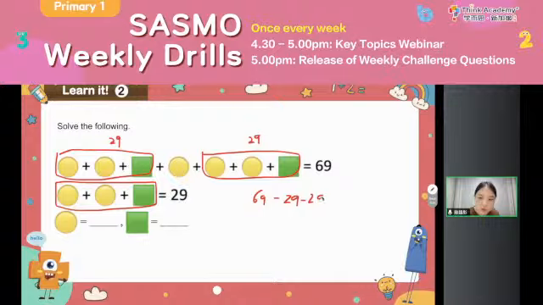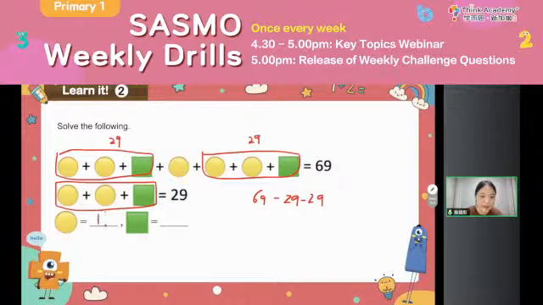So what about 1 circle? That will be how many? Who can calculate and tell me in the chat box? Can you type in your chat box? 69 minus 29 minus 29, what is the answer? Okay, good job. That will be 11.